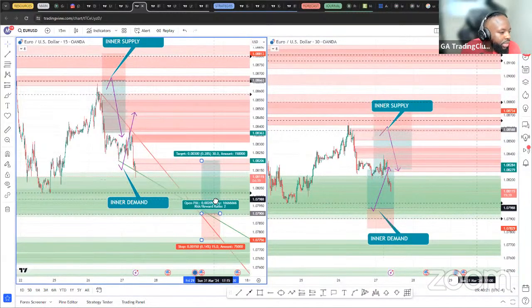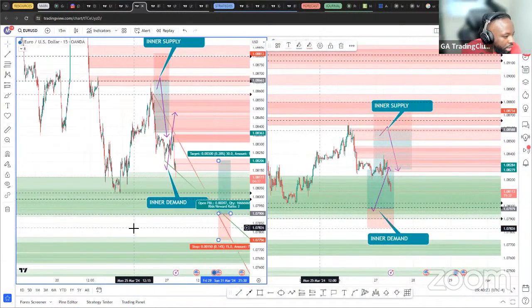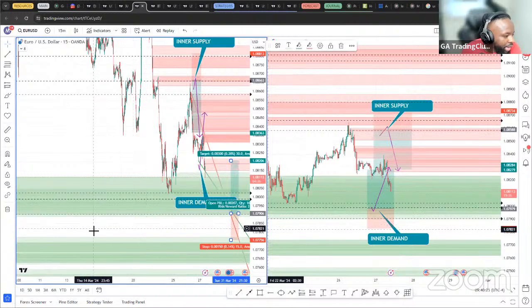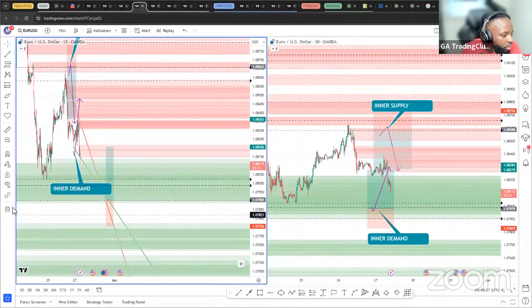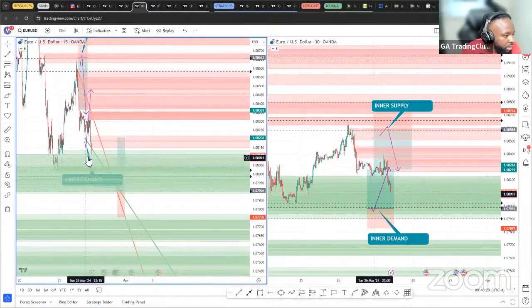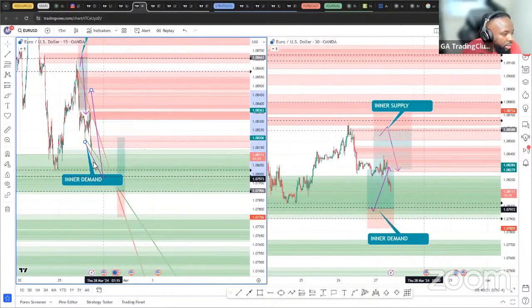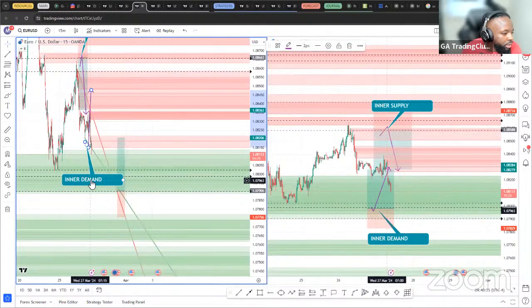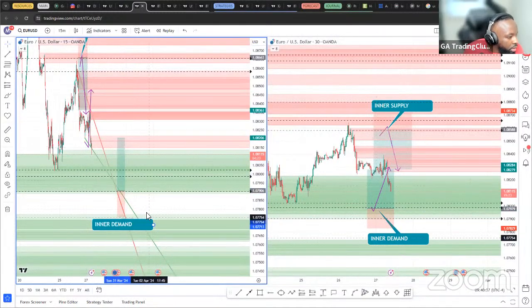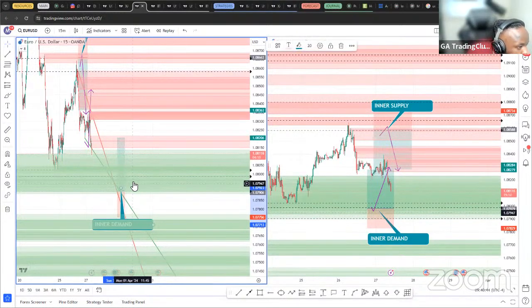EU, I'm not really focusing on EU as much anymore, but when it comes to the inner demand for EU, this is somewhere at the bottom here. So somewhere at 1.0, this is tricky. It has too many zones.